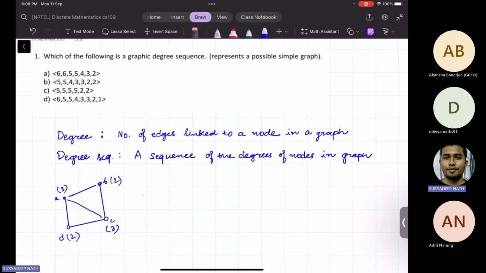So the degree sequence, I'll call it DS, is 3 2 3 2. The degree sequence need not be in any specific order.